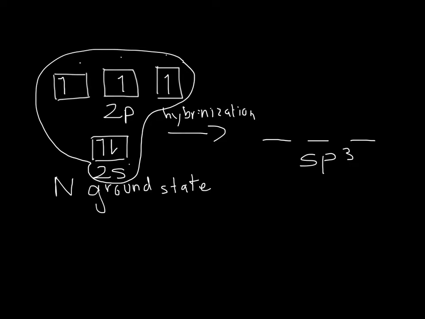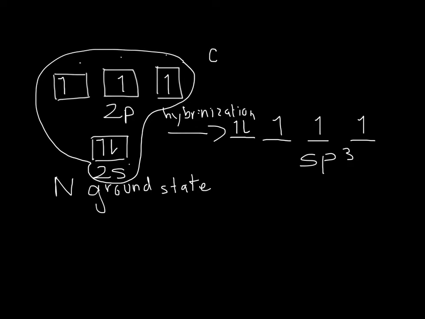But we forgot to draw one. Okay, there you go. So now we have the pair of electrons for the 2s, and we're going to draw for 2p the lone pairs.